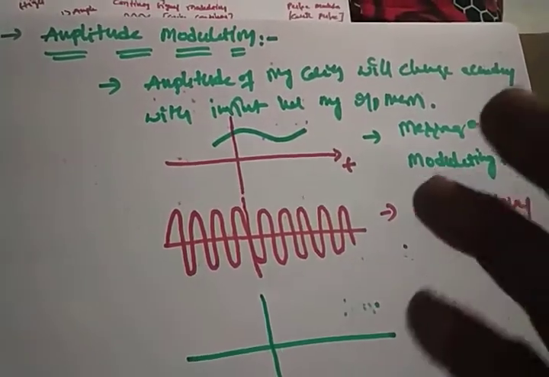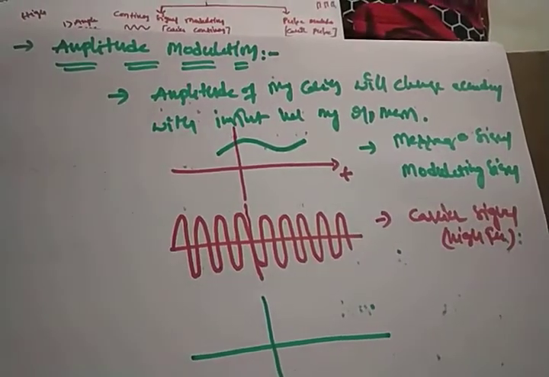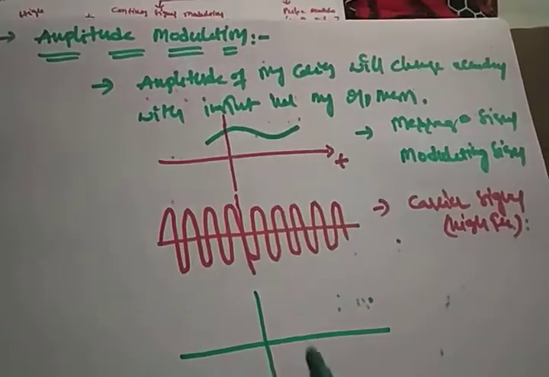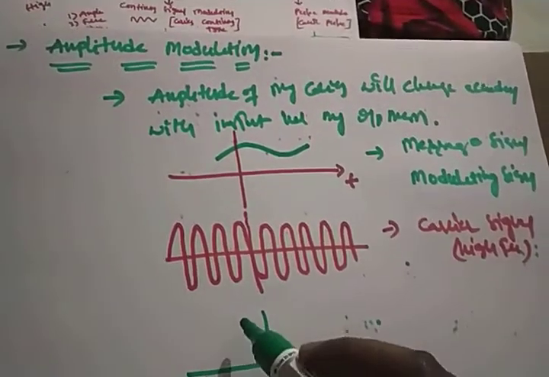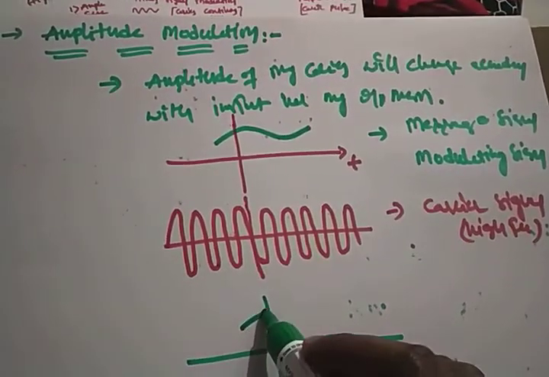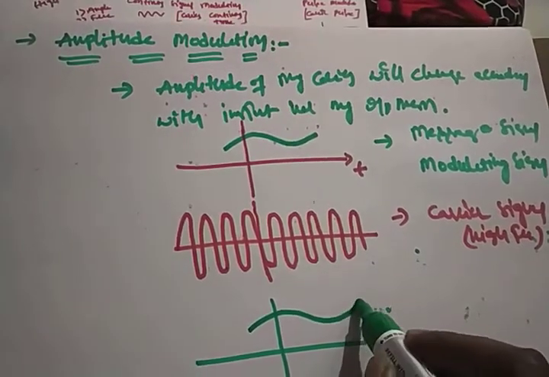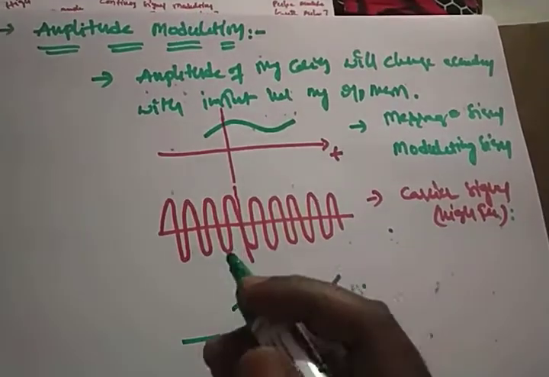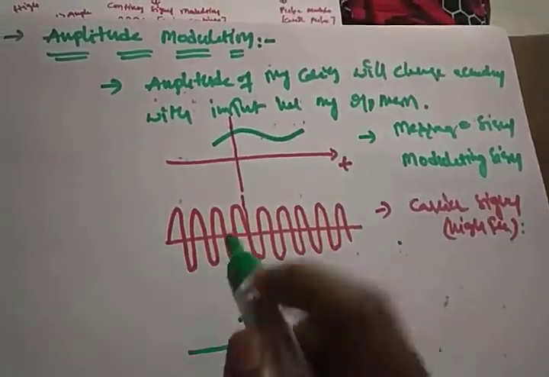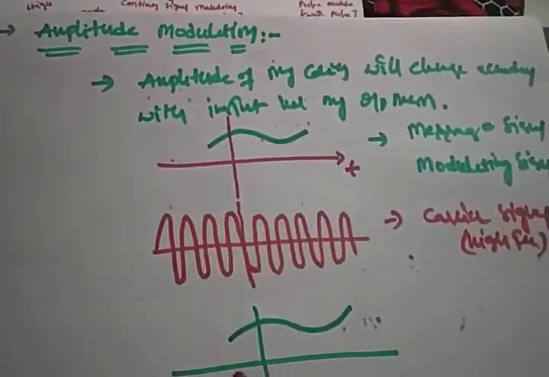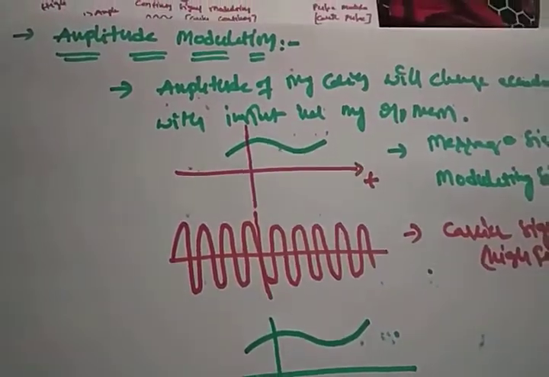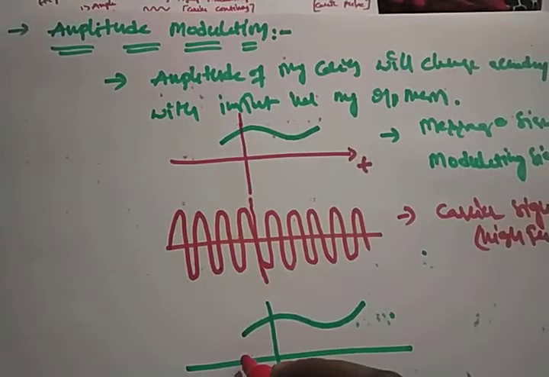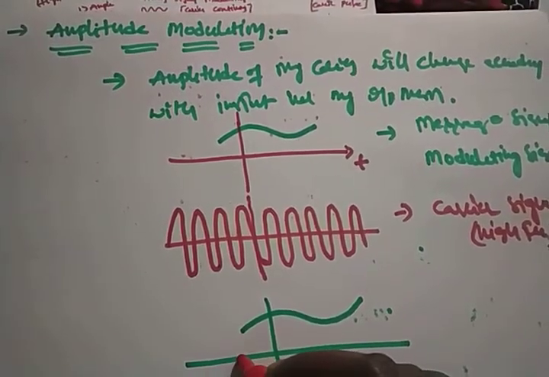When you combine, my carrier signal will change and the resultant will appear. My input signal will be the same, the shape is going to be the same. So from this, what happened? The amplitude of the carrier signal will change. How the amplitude of the carrier signal will change, we'll see. The frequency won't be changed.